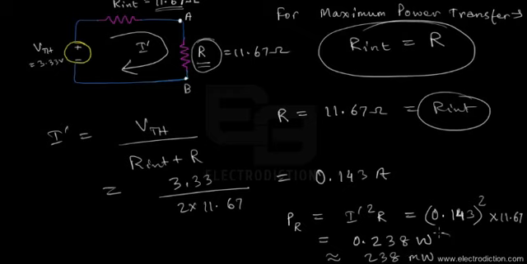That's exactly what the power dissipation is going to be for the resistor R if it were to dissipate maximum power, as given by the maximum power transfer theorem.